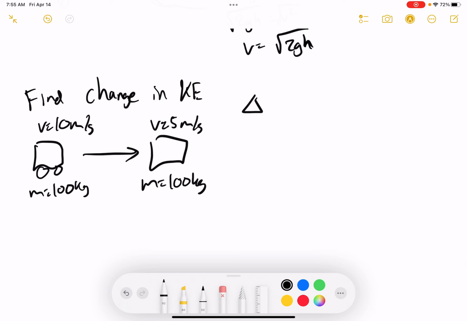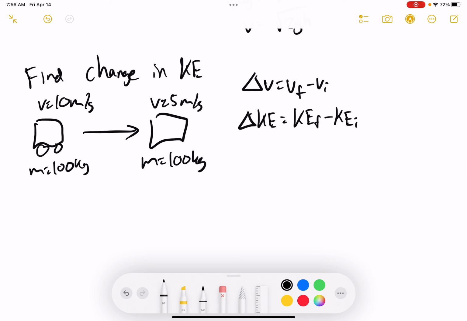Now remember, if I have change in v, that just equals what minus what? Hopefully you remember that that's just vf minus vi. So exact same thing here. If I have the change in KE, then that is just KEf minus KEi. Okay, but this is a really important thing to do.